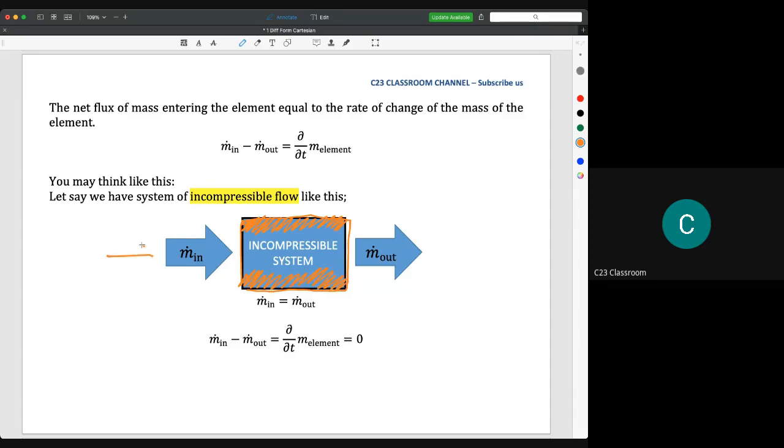So the inlet here must be equal to the outlet, because there are no space for this molecule to stay in this tank. So means the basic idea is, if you have 1 liter inlet here, so because this tank is full with water, so for sure you need to pull out another 1 liter here.